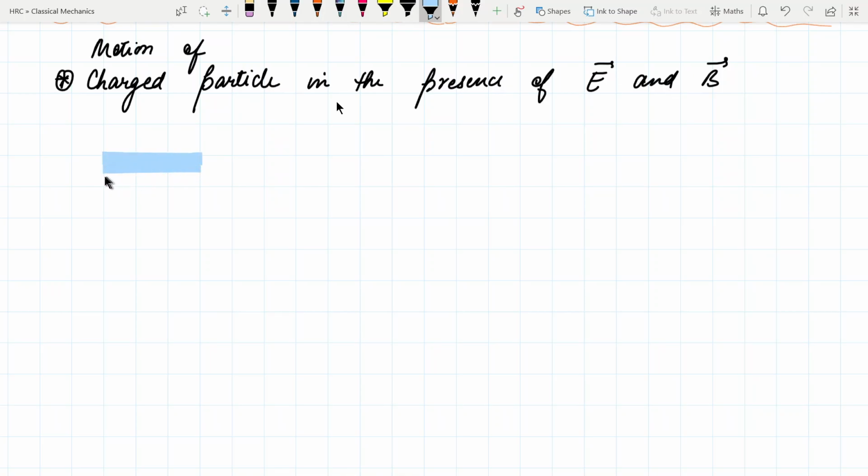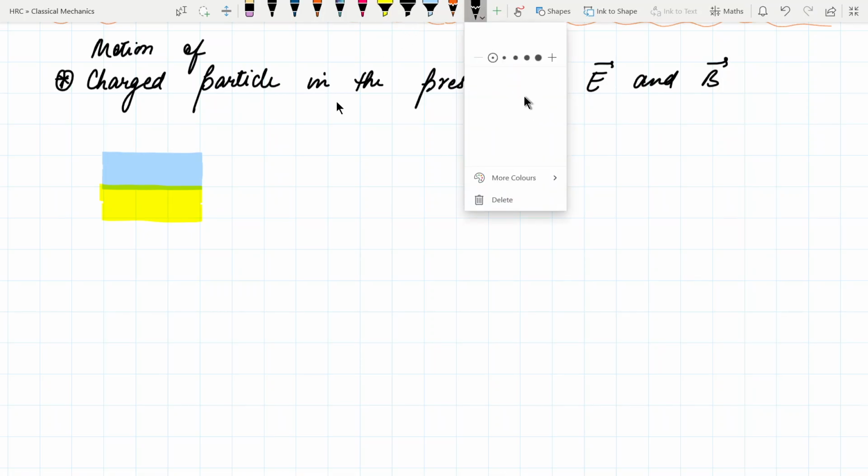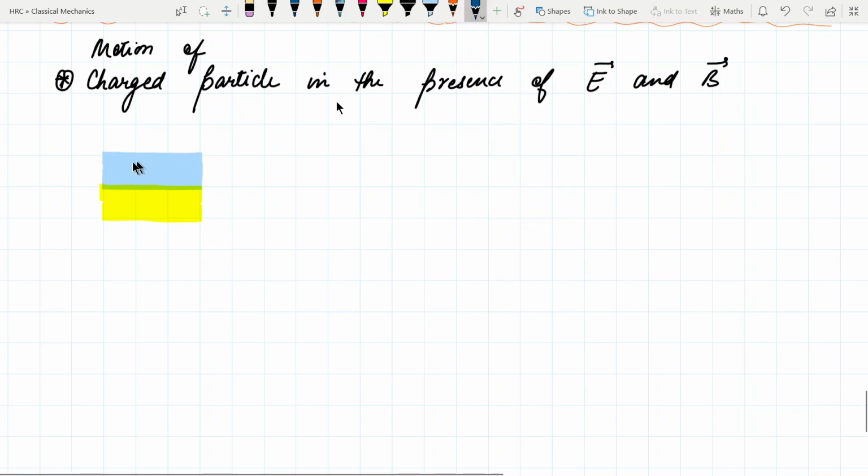when the electric field is parallel to the magnetic field. You have the electric field and you have the magnetic field.